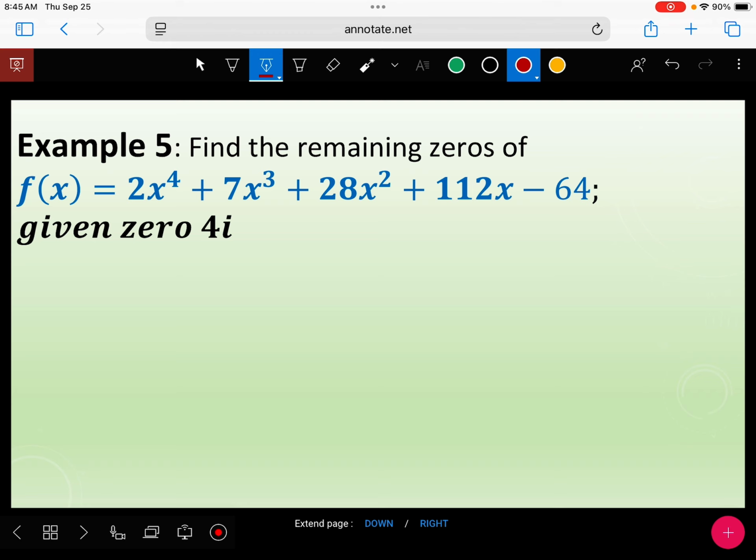So in order to get a positive 4i, which means I also have a negative 4i, what is the factor that I need to divide into it? X squared plus 16. Good, let's do it.